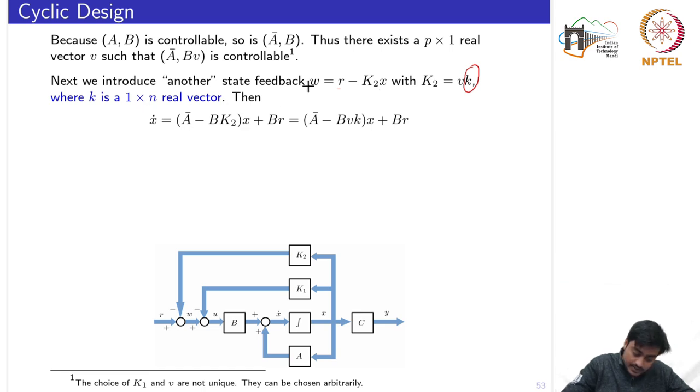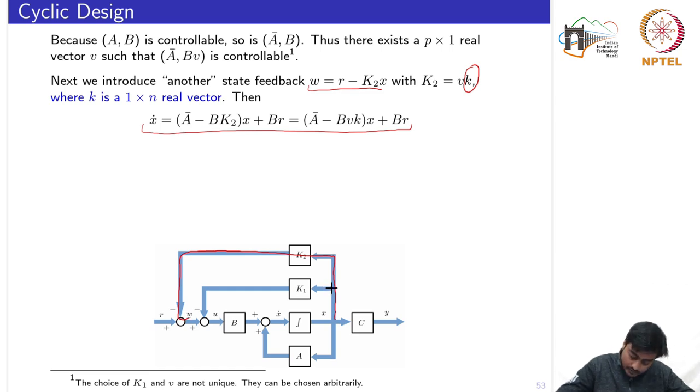Then applying this controller to the previous system, we obtain this state space equation of the closed loop. So in the block diagram, from the X we have added this path to finally compute this W.